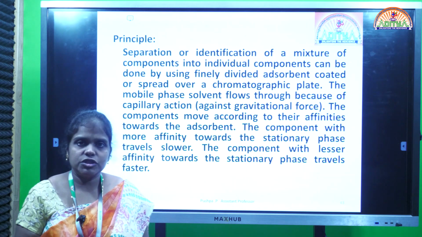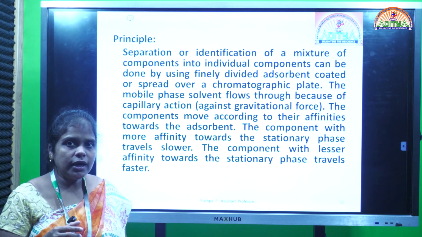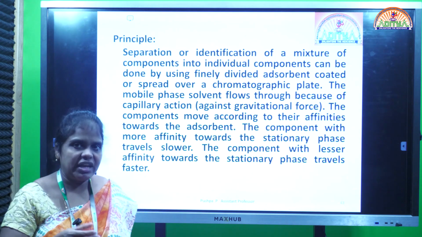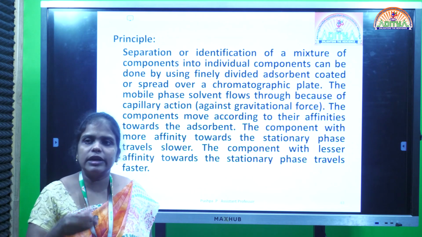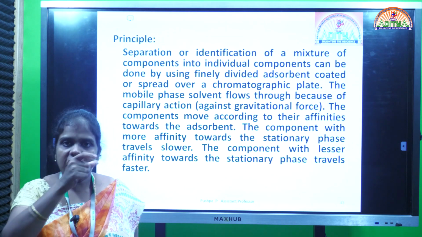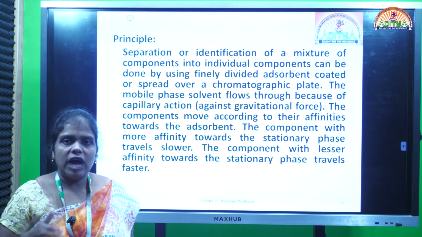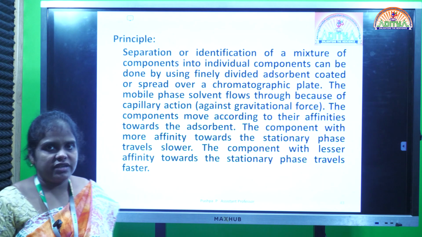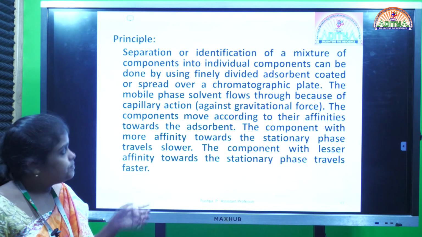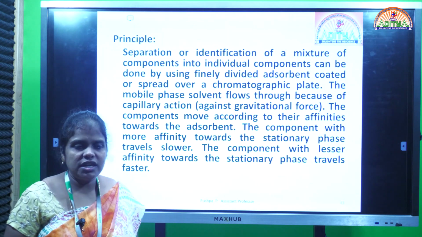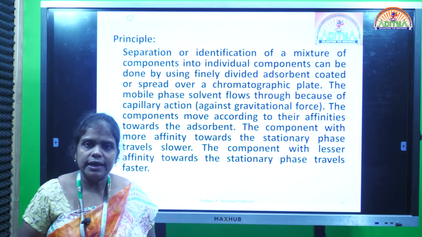First we have to take one chromatographic plate, either aluminum or glass. On that you have to add the stationary phase. What will you take? Silica gel.